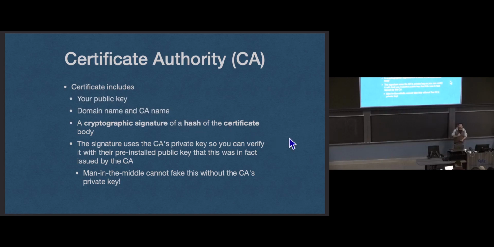So if that signature verifies, then you can say, yes, this certificate was in fact issued by that certificate authority. So you can verify that the certificate was issued by the CA, which gives you confidence that this public key does in fact belong to this domain because it was verified and signed by that certificate authority.